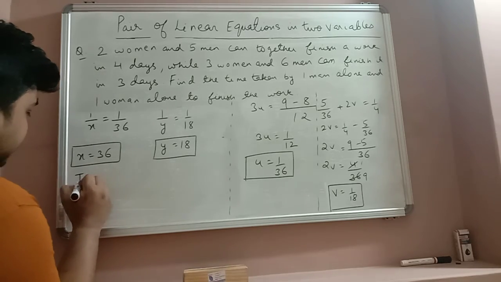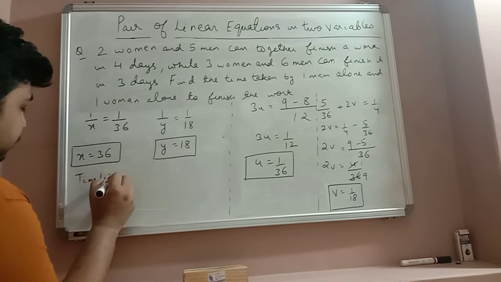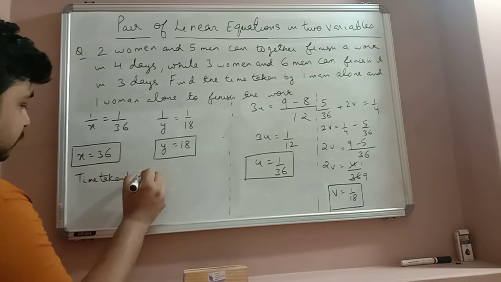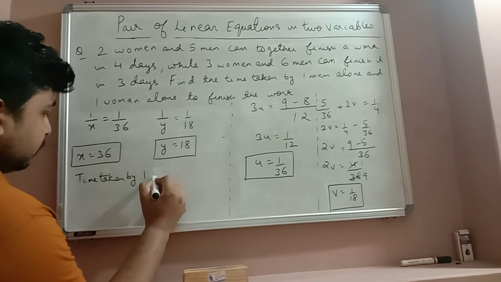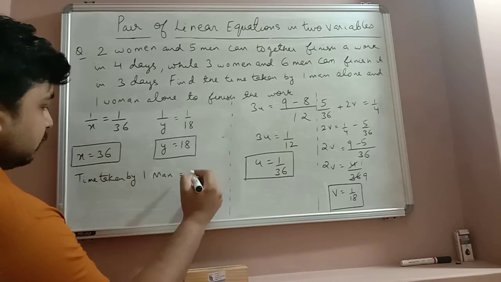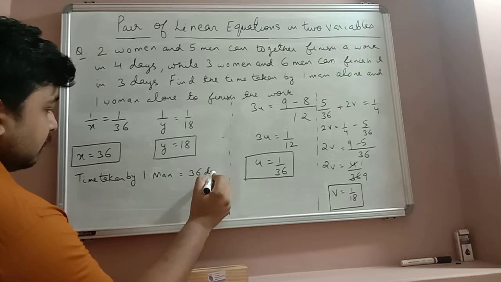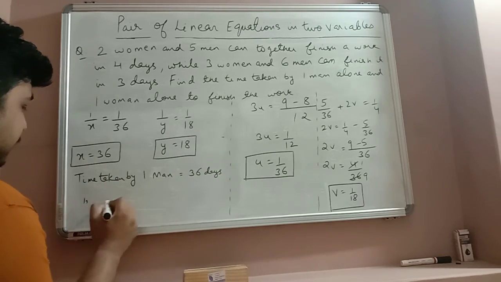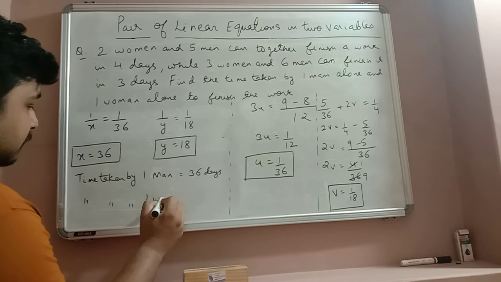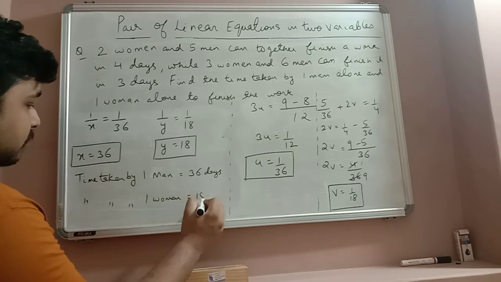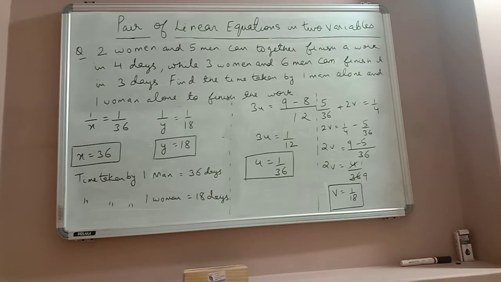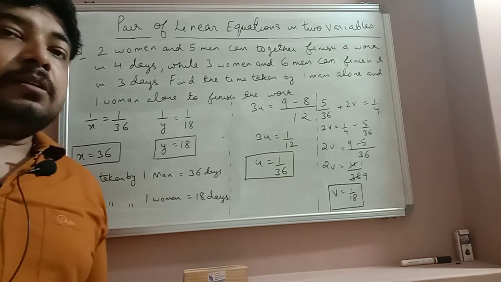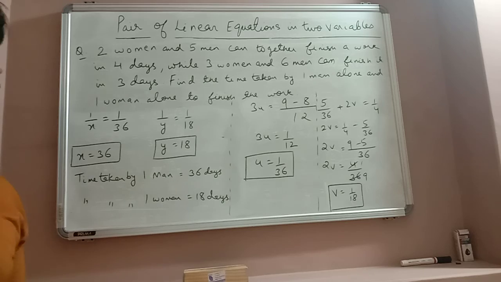So we can write down here time taken by one man equals 36 days and time taken by one woman equals 18 days. Okay, I hope this is clear to everyone.